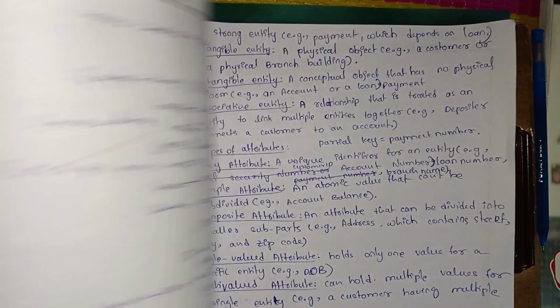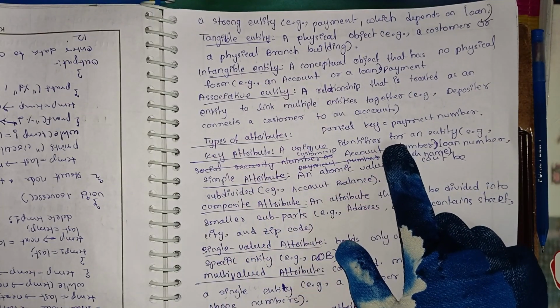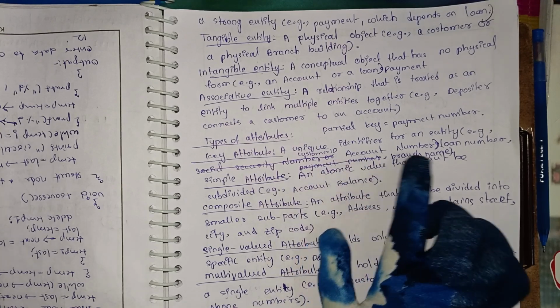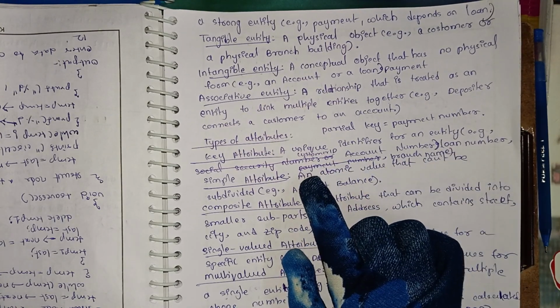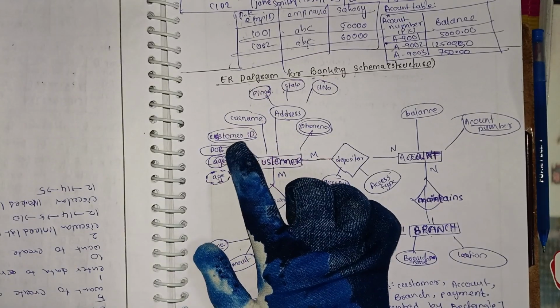And then key attribute, a unique identifier for an entity, for example customer ID, account number, loan number, branch name, which is underlined.